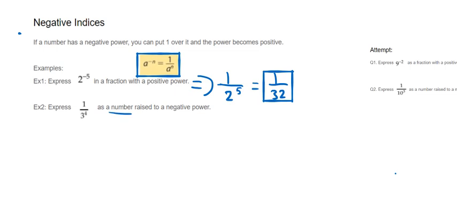So I can go back the other way and write 3 to the power of, and because I'm putting it back above the line, the power has to become negative, so it's 3 to the power of minus 4. So 1 over 3 to the power of 4 is the same thing as 3 to the power of minus 4.